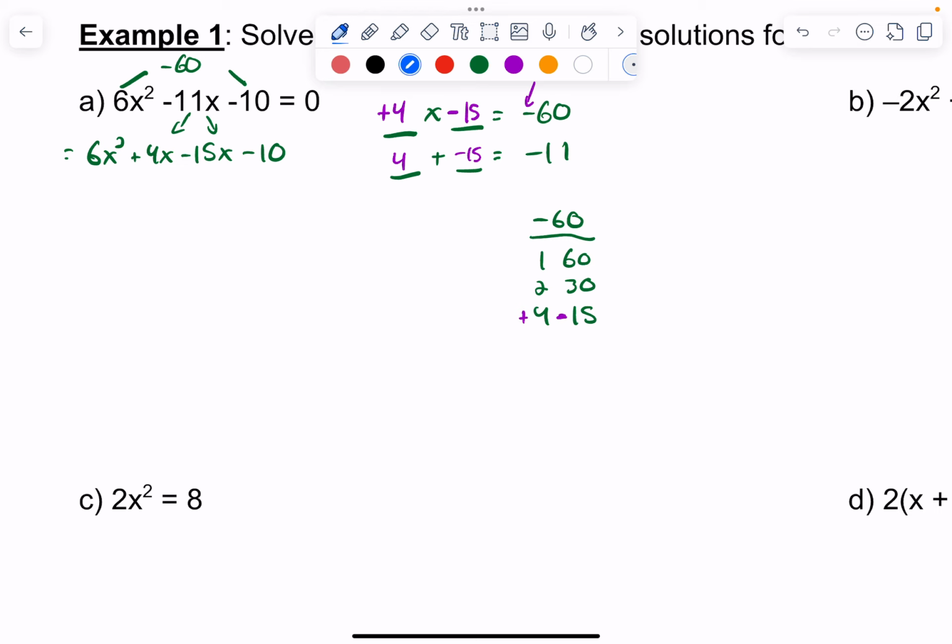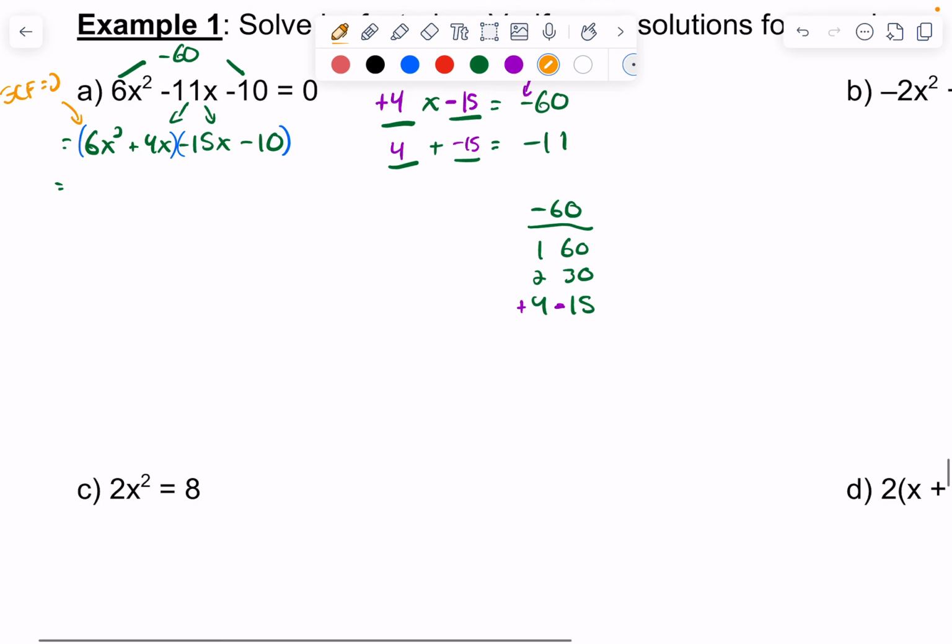Do your grouping. So group the first two and the last two. And in the first bracket, take out your GCF. I won't always write this, okay? But just for the first one, let's look and see our GCF is 2x. So we can pull a 2x out of the bracket, and that would leave us with 3x plus 2.